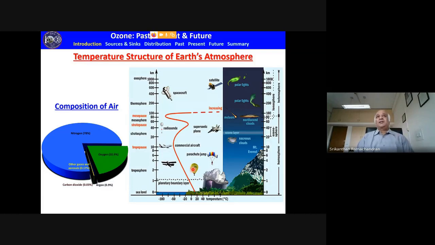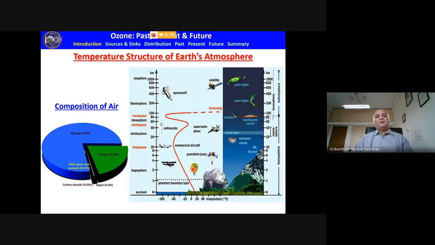The remaining 1%, many gases compete with each other, starting from argon, carbon dioxide, ozone, other trace gases, and aerosols. Aerosols, which are solid or liquid particles, we saw last Friday, their importance and sources. So today it is going to be on ozone.